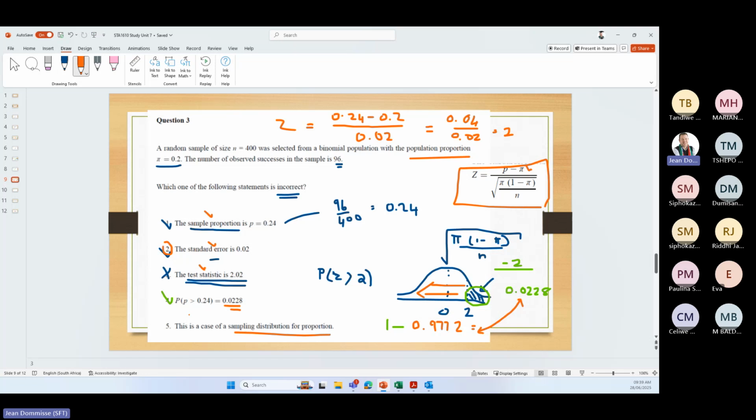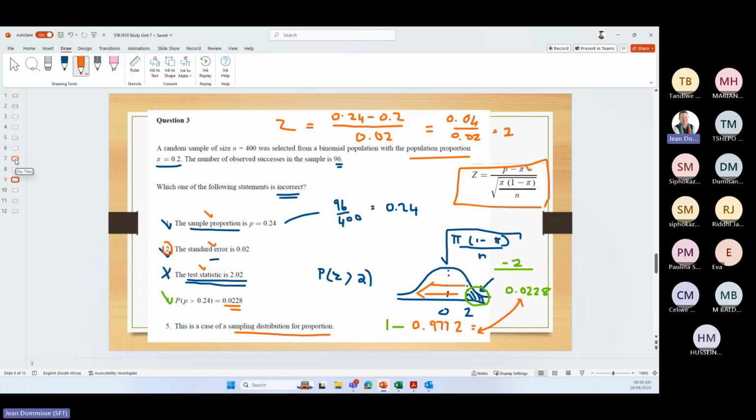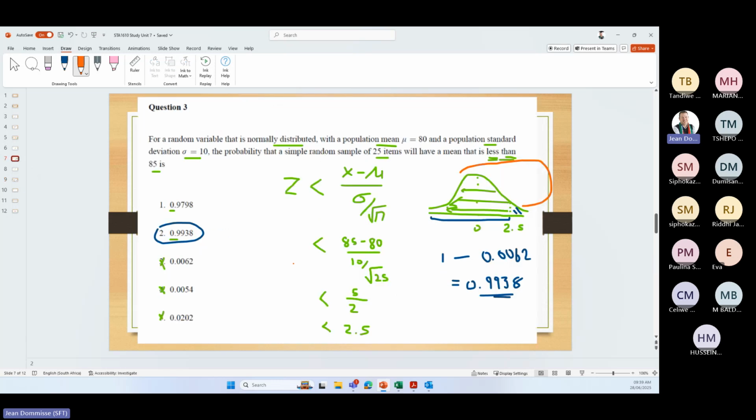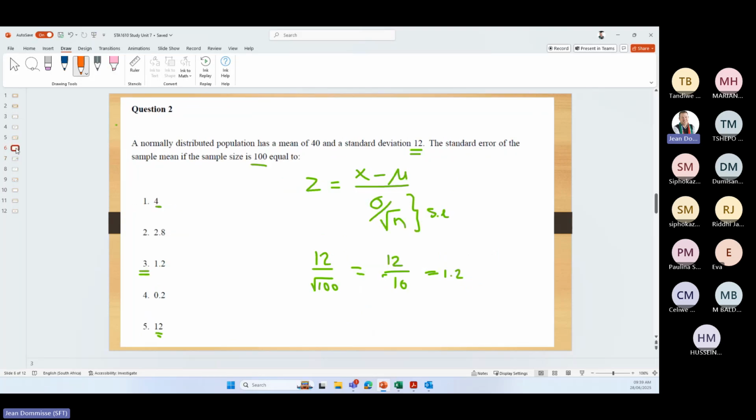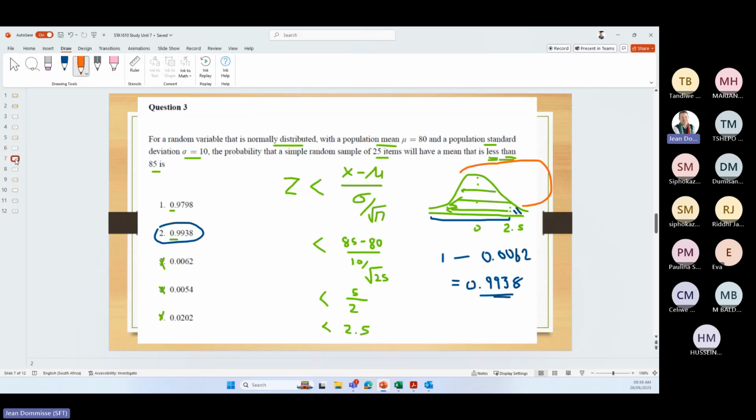So in a question like this, they cover everything that you need to know about this topic. And I think that's where it is also important that in the assignments, they might give you a separate question like we worked out now with the standard error, and we worked out a probability.